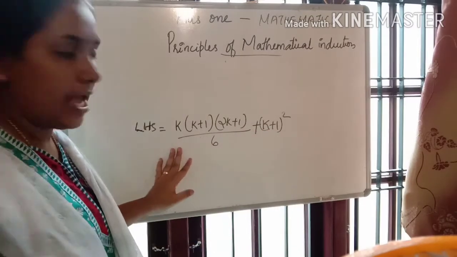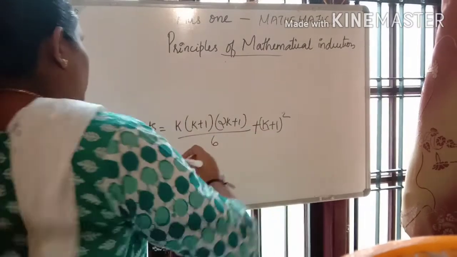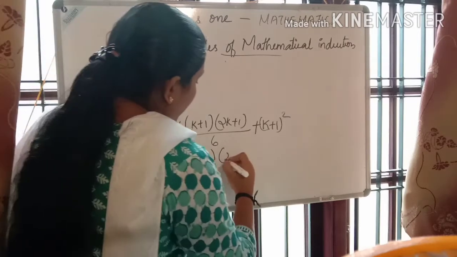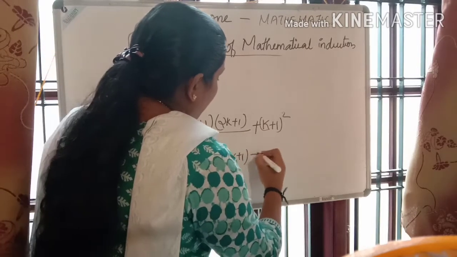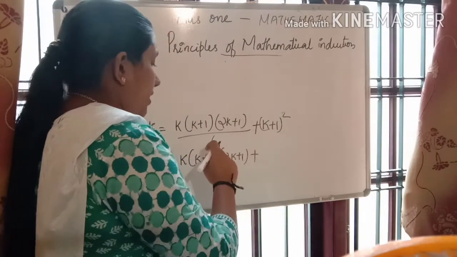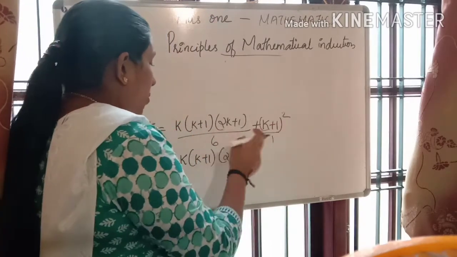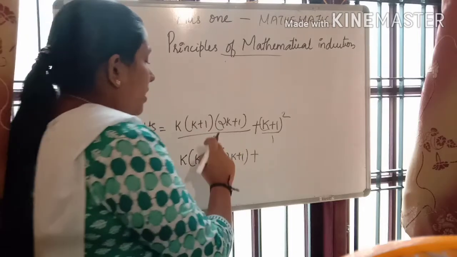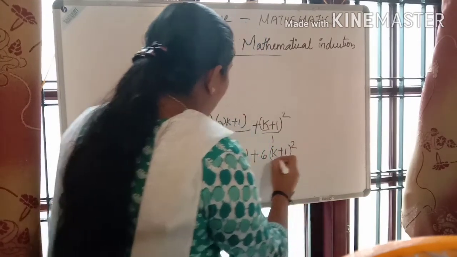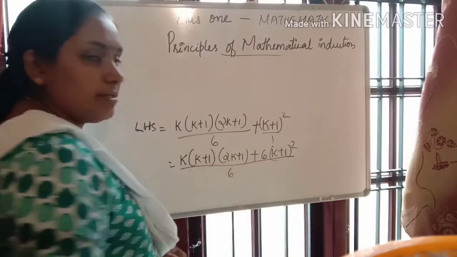It can be written as K into K plus 1 into 2K plus 1 plus, just cross multiply the denominators. Here it is 1. 1 into this term is this term. 6 into K plus 1 the whole square. The whole divided by 6.